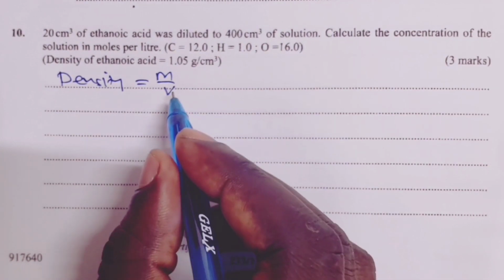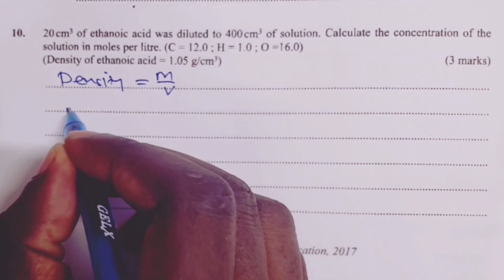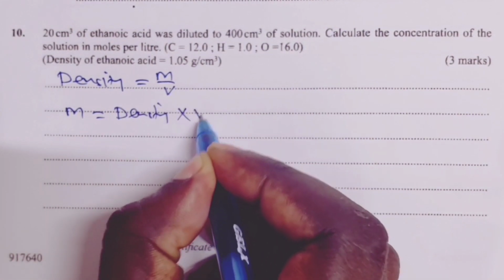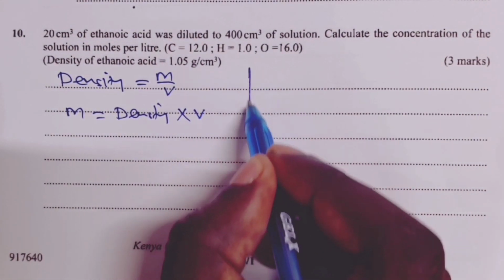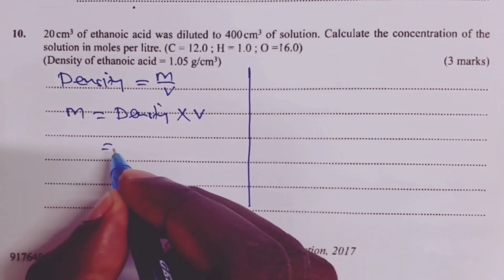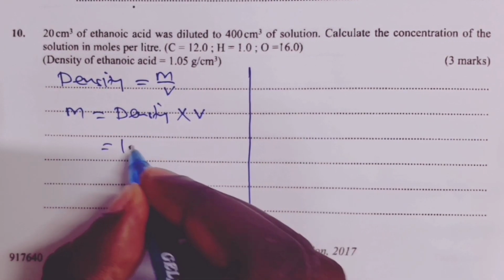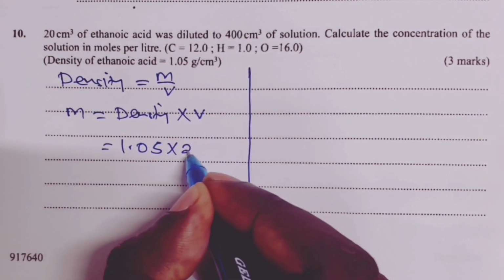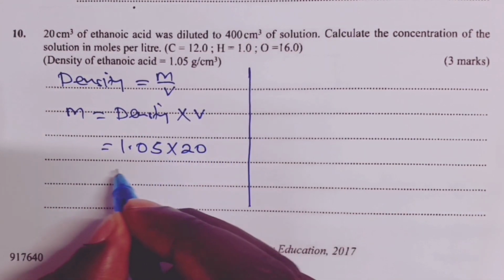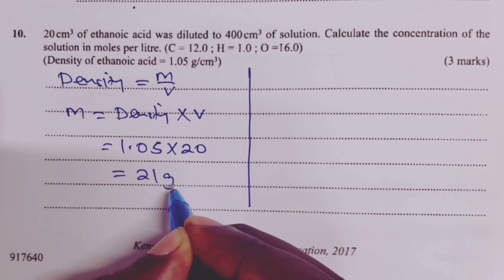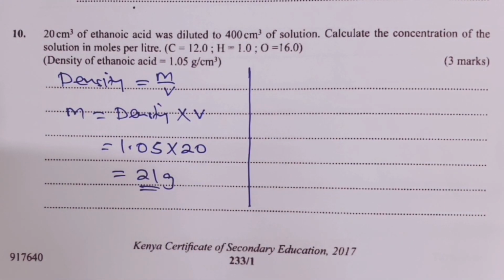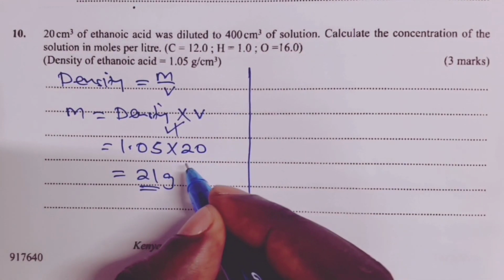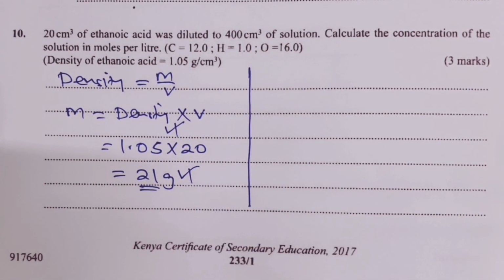So we know from here, mass would be given by density times volume. From the question, we have density of the acid as 1.05, and we are told the volume was 20. This would give us a mass of 21 grams for the acid. Half a mark for multiplication by 20, half a mark for giving us the mass of the acid.